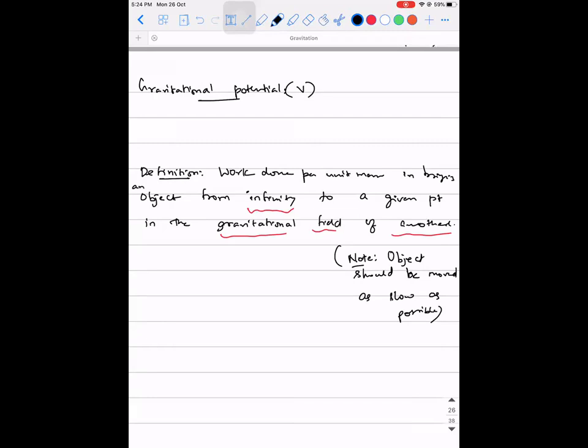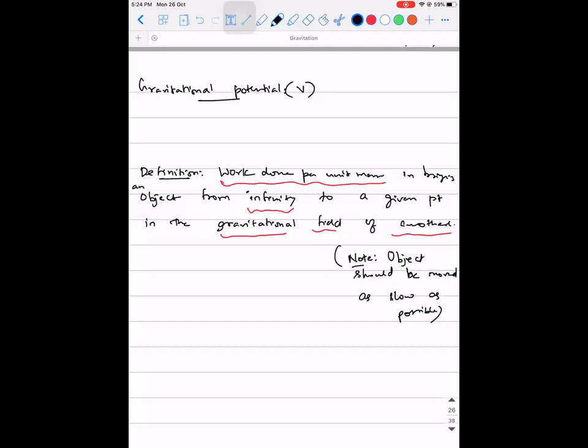So potential energy means work done; gravitational potential means work done per unit mass. This is the thing you need to understand. Except this, everything else is the same.